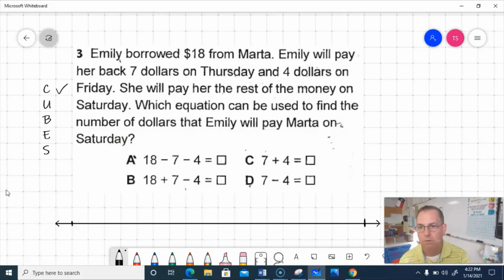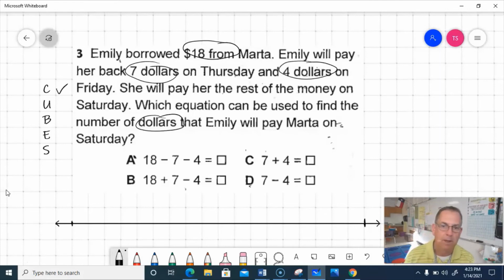I'm going to circle the important information. So she borrowed $18 and she paid back $7 on Thursday and $4 on Friday. And she will pay the rest of the money back on Saturday. Underline the question.